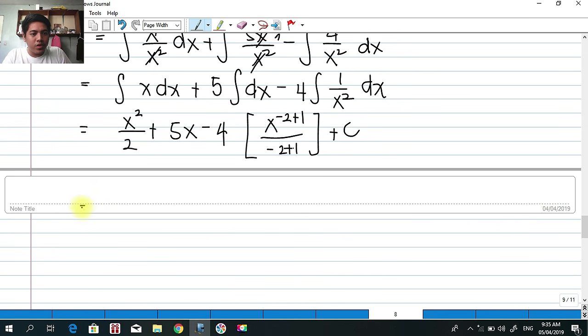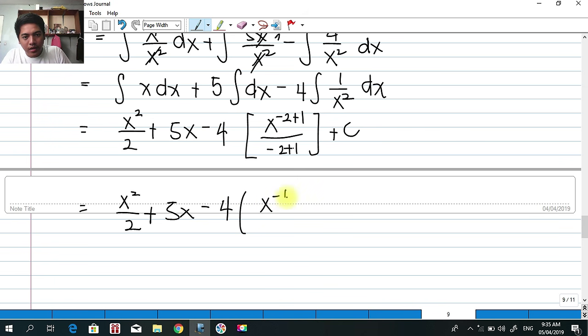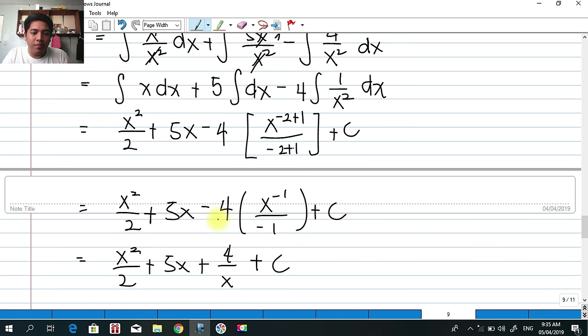Simplifying, x squared over 2 plus 5x minus 4 times x to the negative 1 over negative 1, plus c. Simplifying further, x squared over 2 plus 5x plus 4 over x plus c. It became positive because of the negative here and the minus sign here; a negative times a negative is positive. So we bring down x to eliminate the negative exponent.